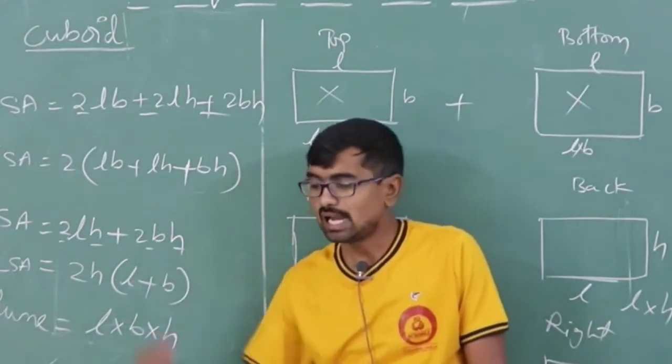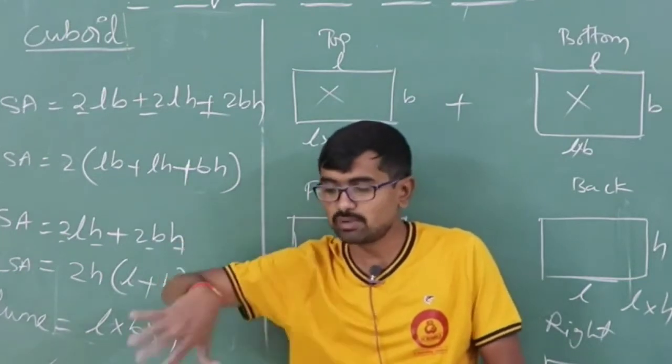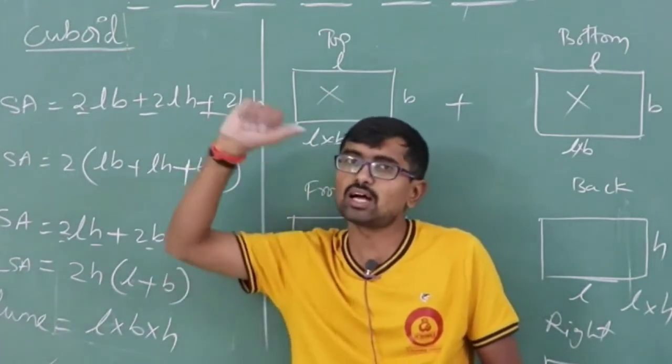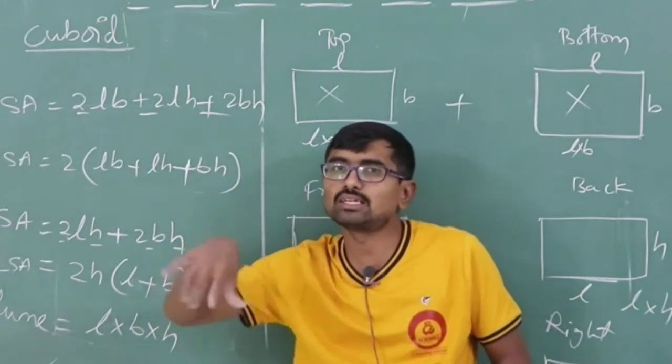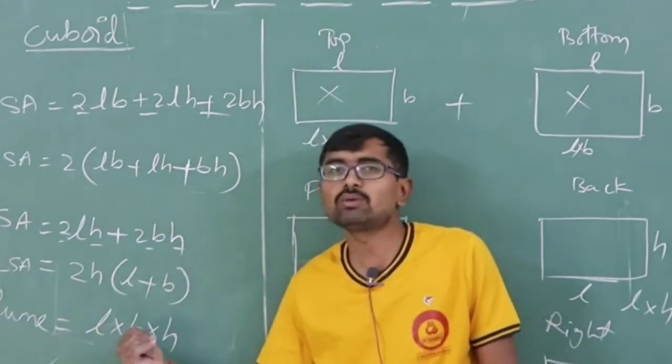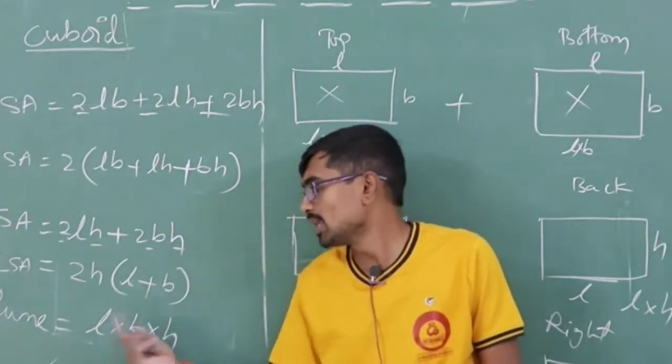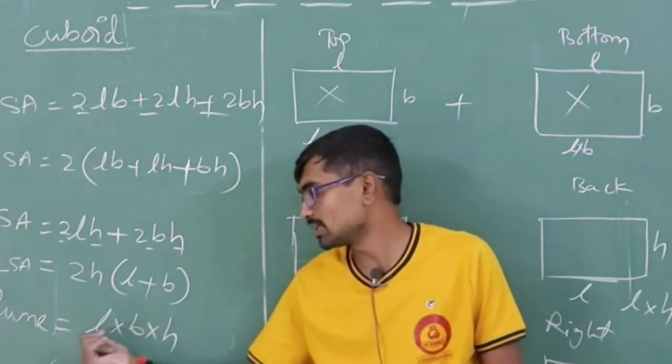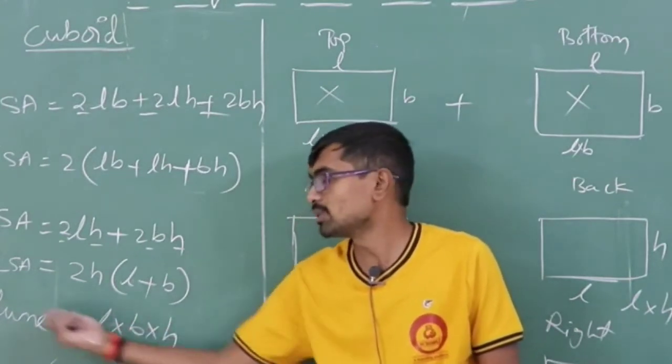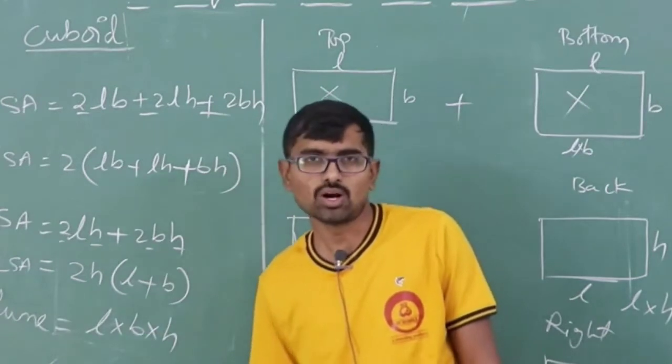In the volume, as it covers all the space, that is the base, and slowly it covers the height, so I have to multiply all the dimensions. This will be the total volume of the cuboid.